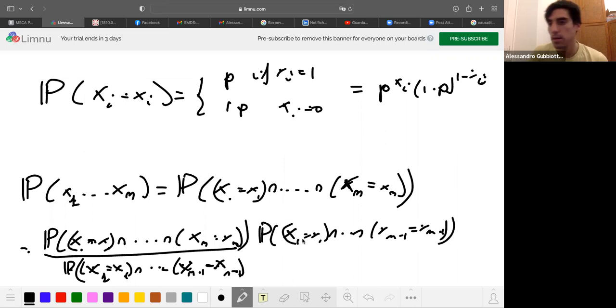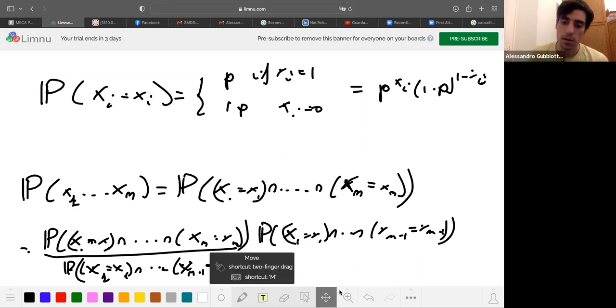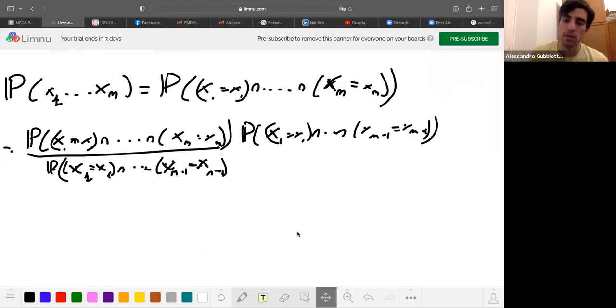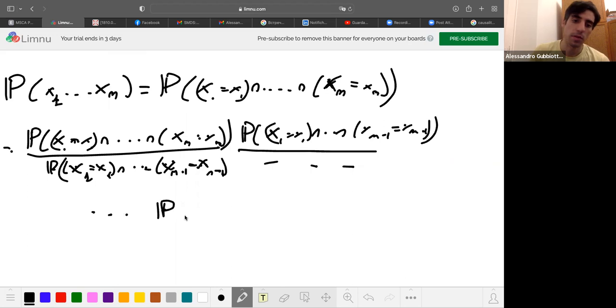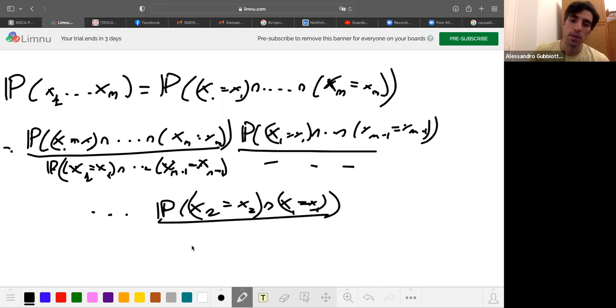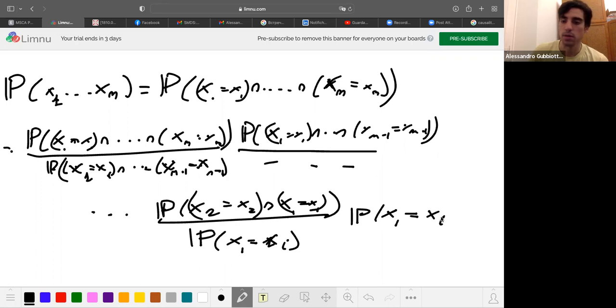And we divide again, taking off one of the variables until we arrive at the probability of X2 equal to x2 and X1 equal to x1, divided by and multiplied by the probability of X1 equal to little x1.